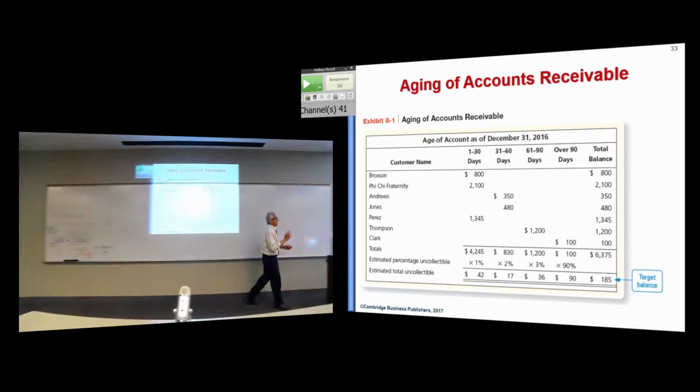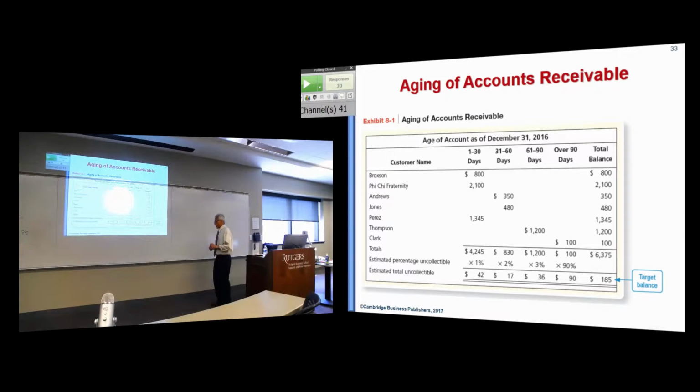But basically, with this allowance approach, or the balance sheet approach, I should say, you'd have to look at the target balance, you're going to add an existing debit balance or subtract an existing credit balance.